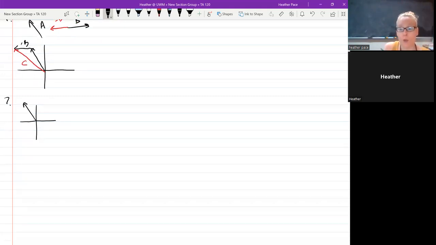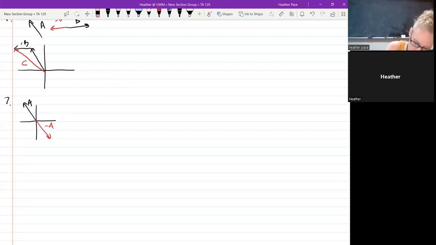Now we want to flip A so that adding A to negative A is going to get us back to the origin. So if this is A, we make negative A look like that. If we add A to negative A, you end here, you add a negative, you go like this, and we're back at the origin.